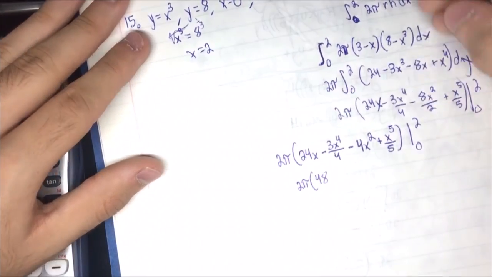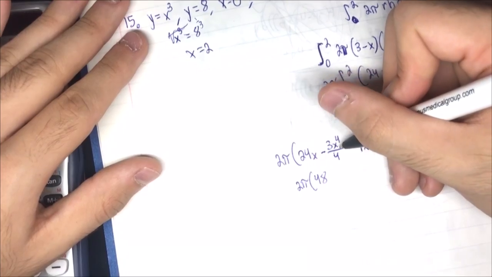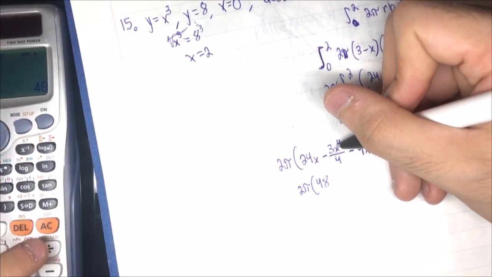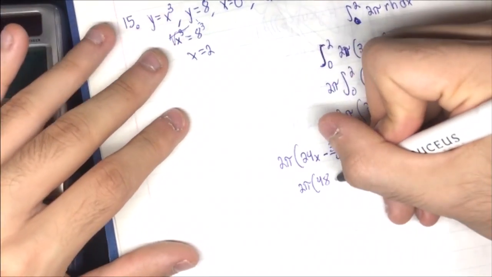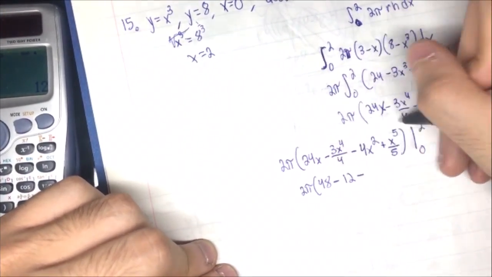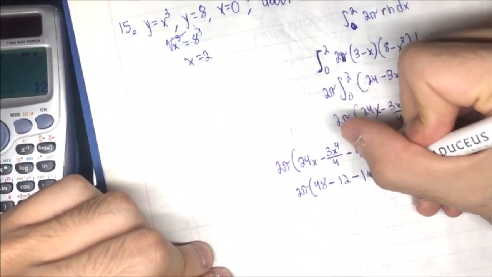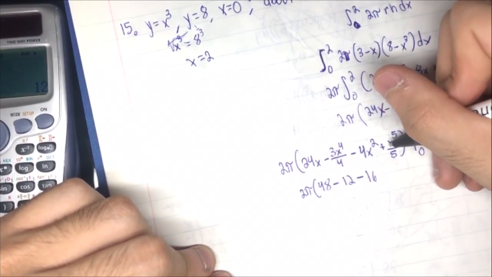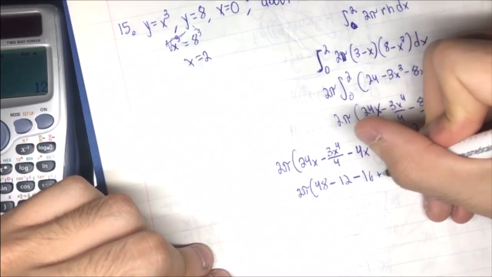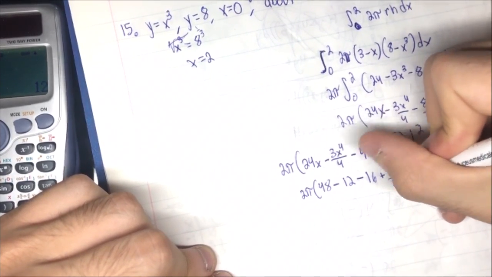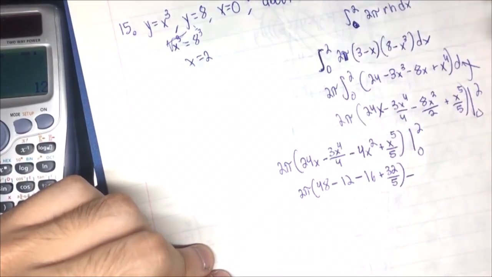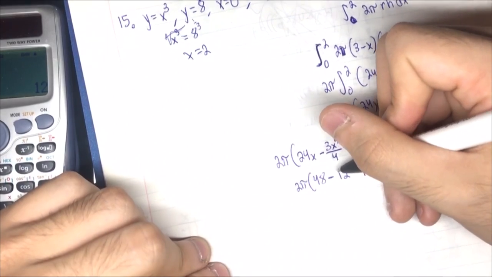So 48, and then 2 to the 4th is 16, times 3 gives us 48. 48 divided by 4 gives us 12, so minus 12. And then minus 4 times 4 is 16, plus 32 over 5, minus, and then plugging in 0 just gives us 0.